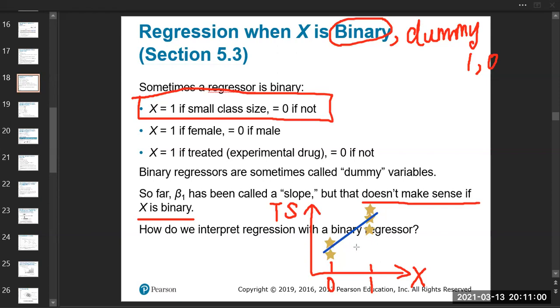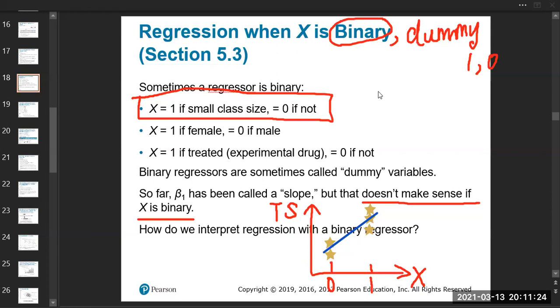So in this case, a slope doesn't make sense, because the slope means that if X increases by 1 unit, how much does the test score increase? But X now only has 2 values. You cannot say X increased by 1 unit anymore. You can only say comparing 2 groups.